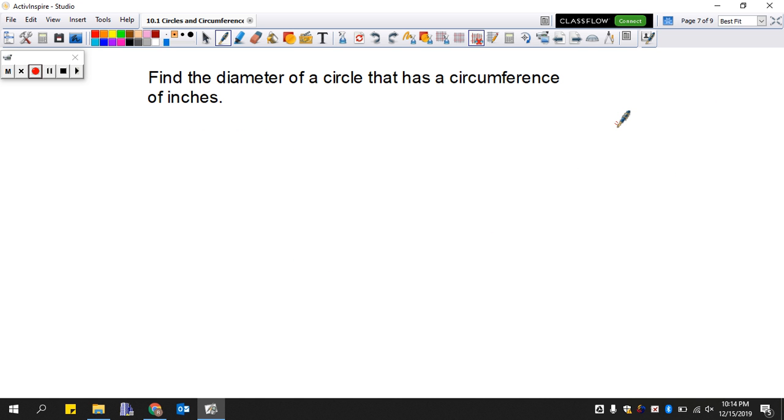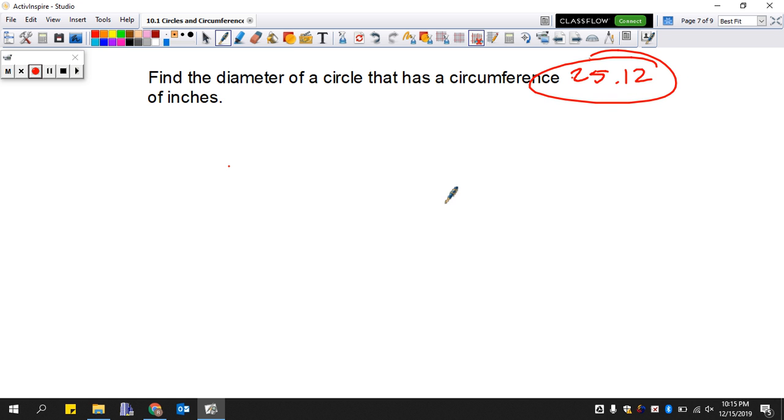It says find the diameter of a circle that has the circumference of X amount of inches. It doesn't tell us how many inches, so we're going to make something up. Let's say the circumference is 25.12 inches.